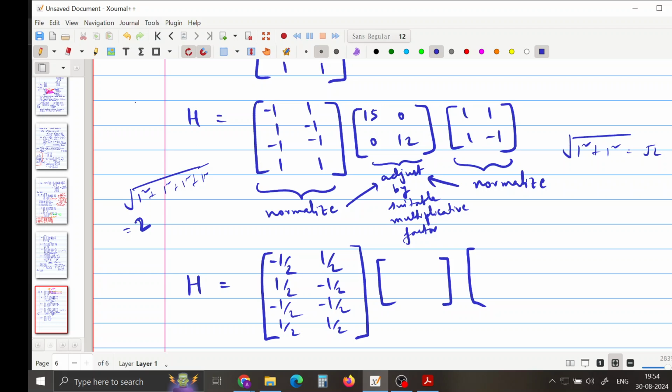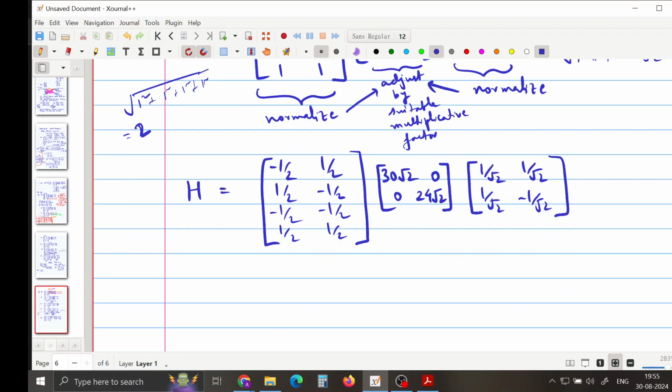And this one will be 1 by root 2, 1 by root 2, 1 by root 2, minus 1 by root 2. So the overall normalization factor is 2 root 2. So I have to multiply the middle matrix by 2 root 2, and so it becomes this. Okay, now everything is in my desirable form.